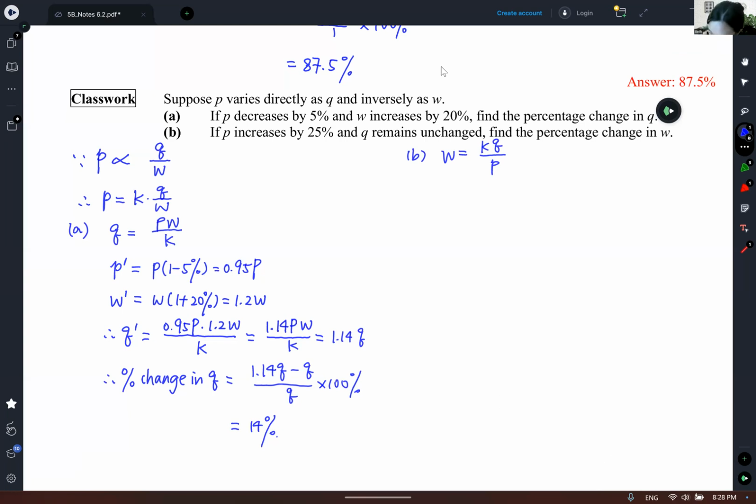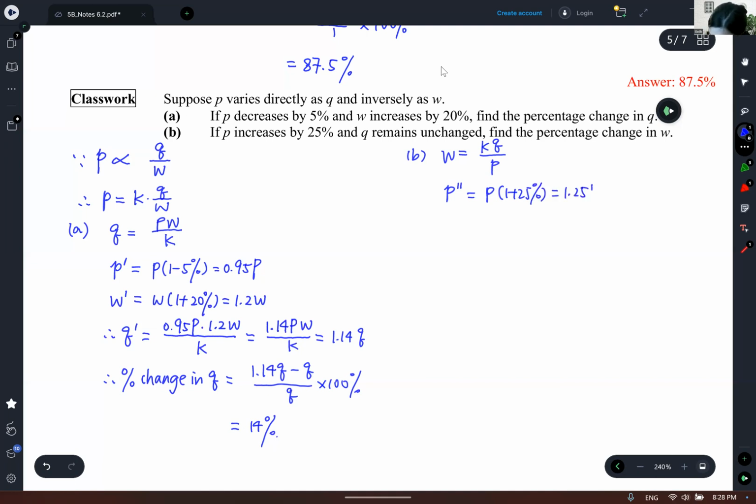So in this case, P prime prime equals P times 1 plus 25%, that's 1.25P, and Q remains unchanged. So we do not touch Q. And W prime prime equals K times Q, that's unchanged, divided by a different P, which is 1.25P.